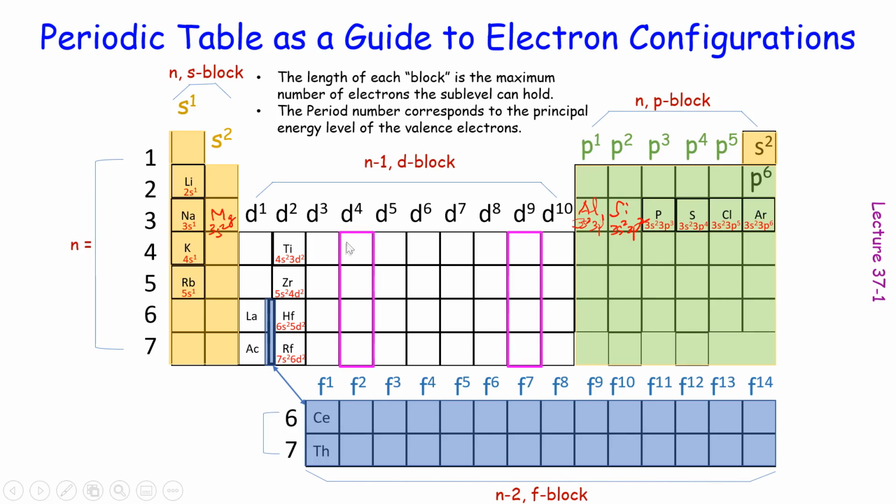Now, when writing the electron configuration for atoms that have 4 d electrons and 9 d electrons, you need to be careful. In this case, you should not use D4, you should use D5. Move one of the s electrons to the D block. And for the one with 9 d electrons, you need to do the same.